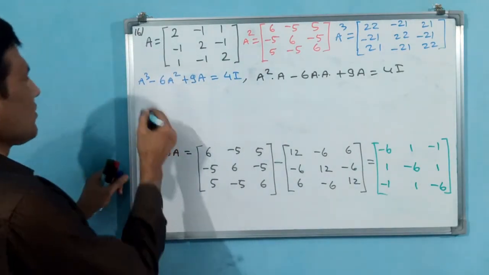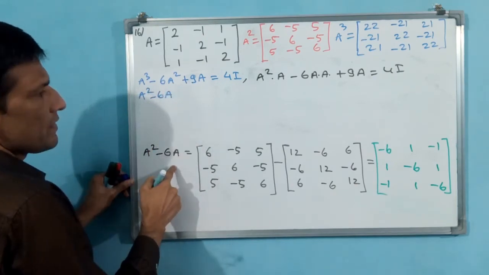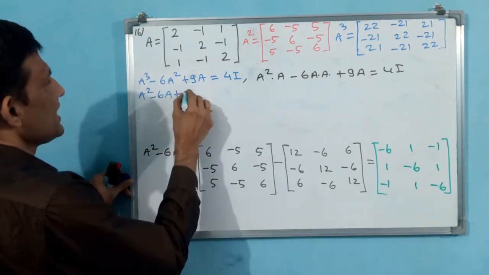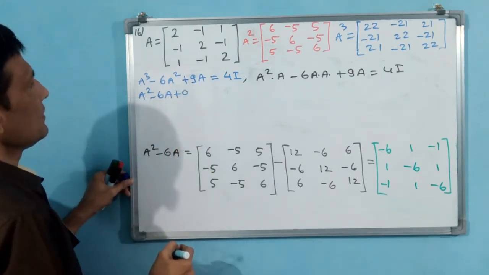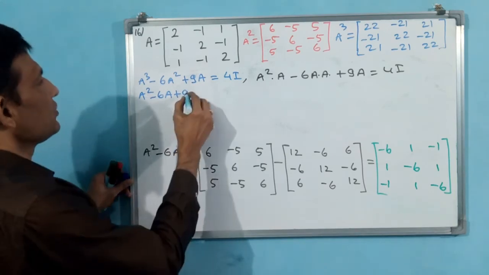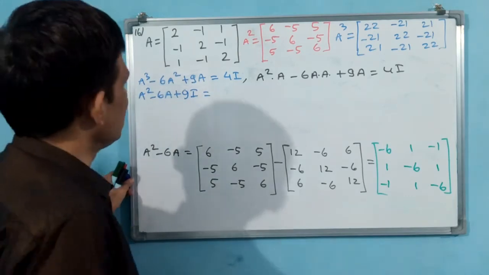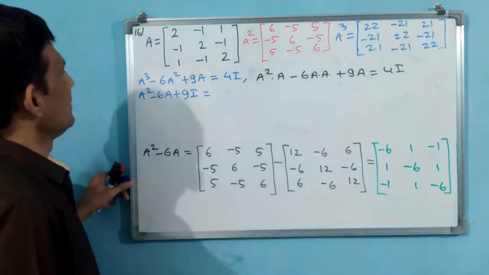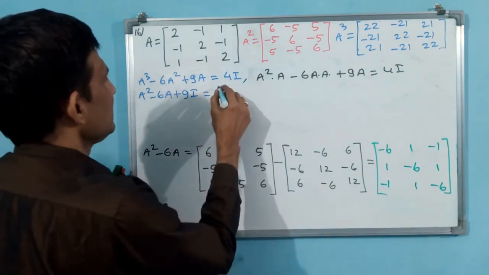Okay, take down now A square minus 6A plus 9A. Yes, plus 9A you have to write that. Now add 9A to this one.